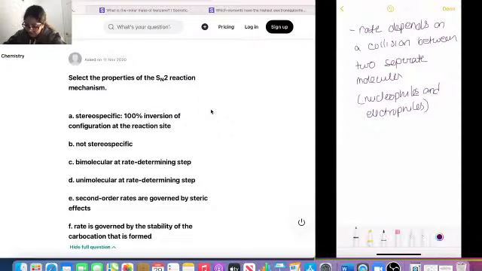Basically, right? And so the mechanism has a rate of reaction which depends also on the concentration of the first order reactants.